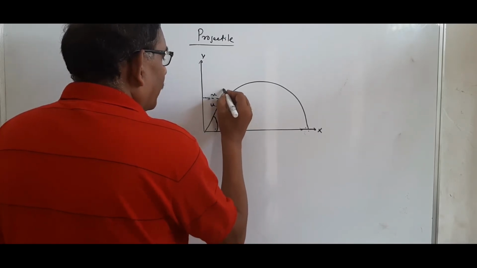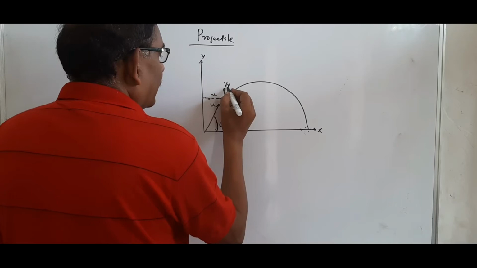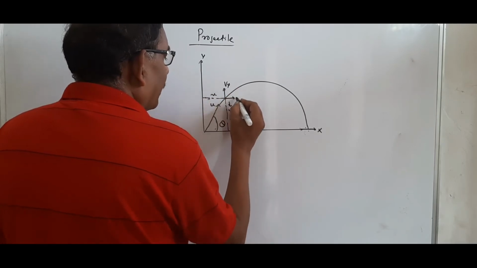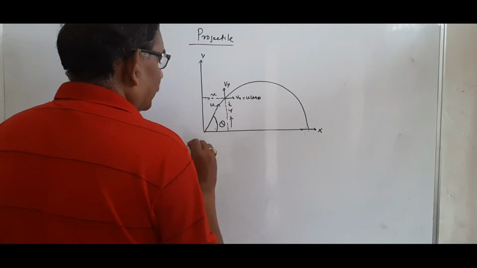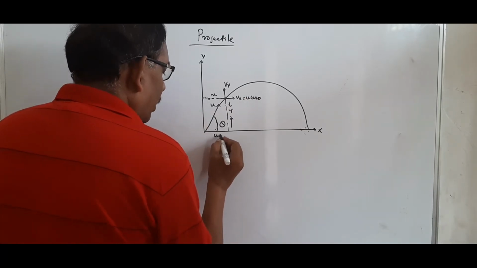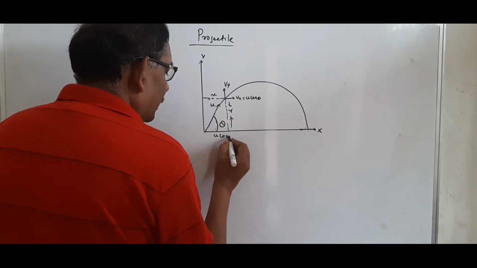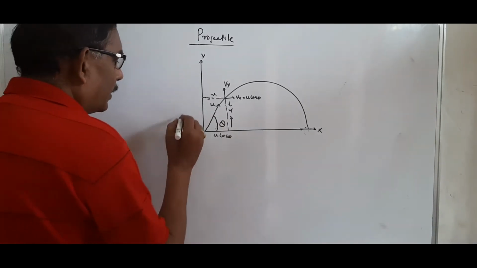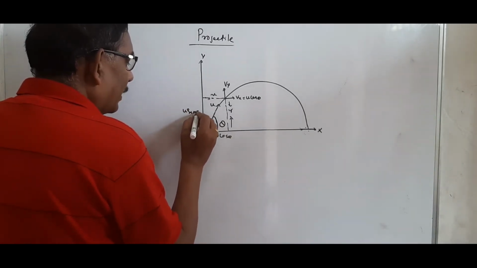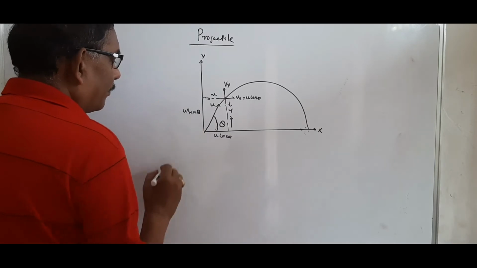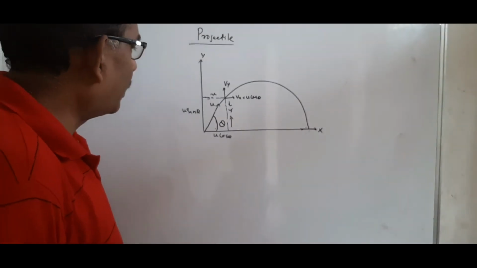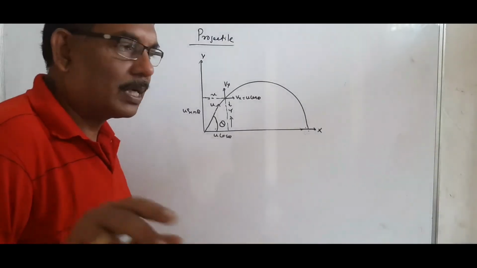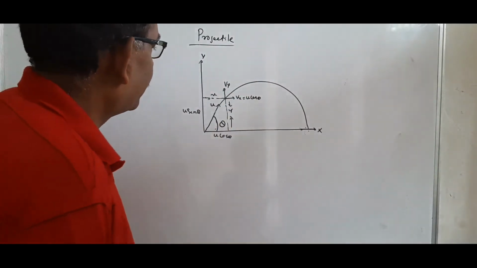So here the vertical velocity is vy and the horizontal velocity is vx. Vx equals u cos theta. So the horizontal component of the velocity is u cos theta. The vertical component of the velocity is u sin theta, it changes with time. But the horizontal component u cos theta remains constant throughout its motion.